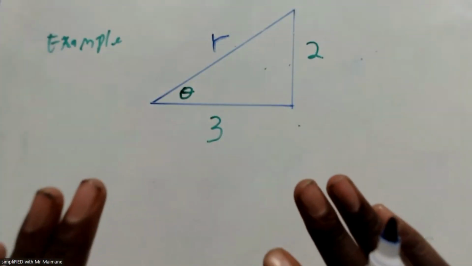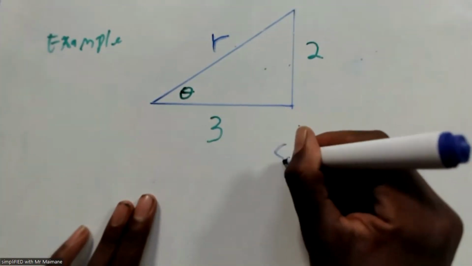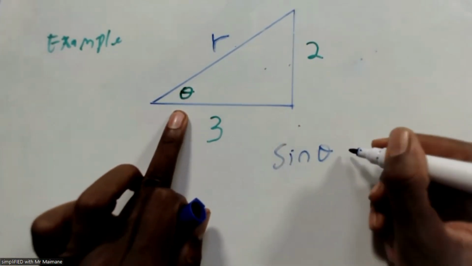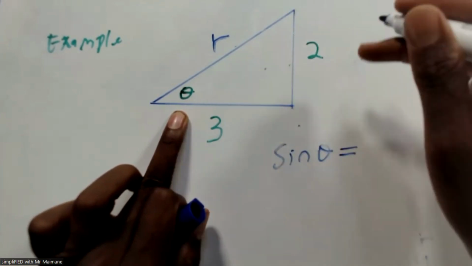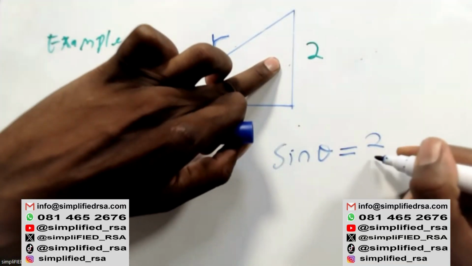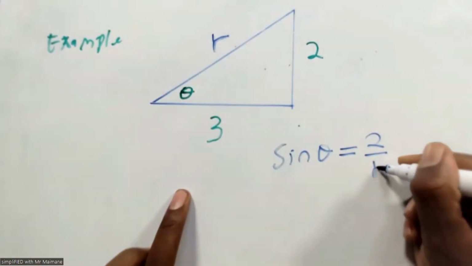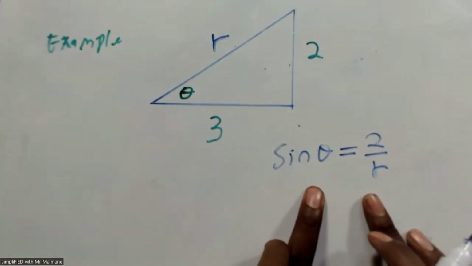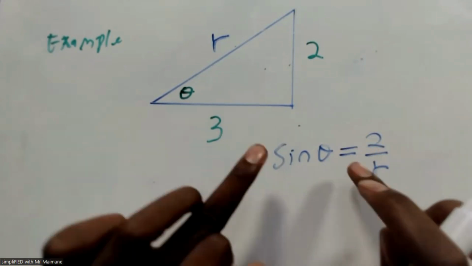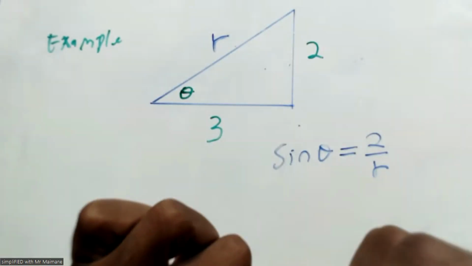Suppose we are given this, we have to find sine theta. We know that sine theta is equal to opposite over hypotenuse. So from theta, this is going to be equal to 2 over the hypotenuse, r. I don't know the value of r, but I know that sine theta is equal to 2 over r because it's opposite over hypotenuse.